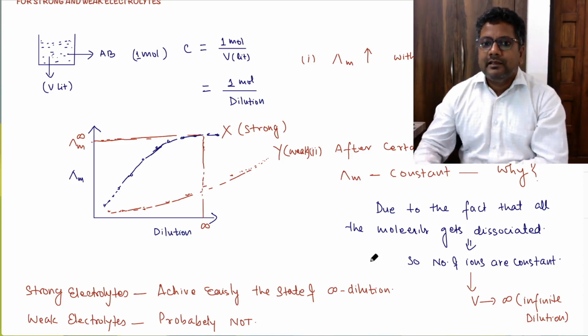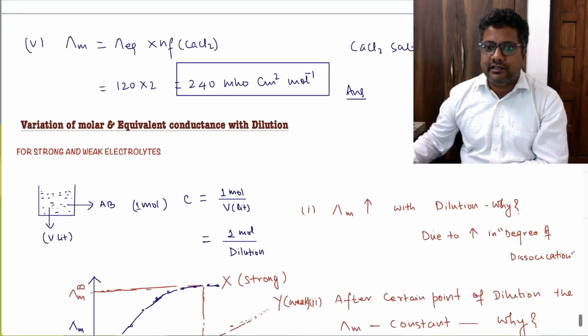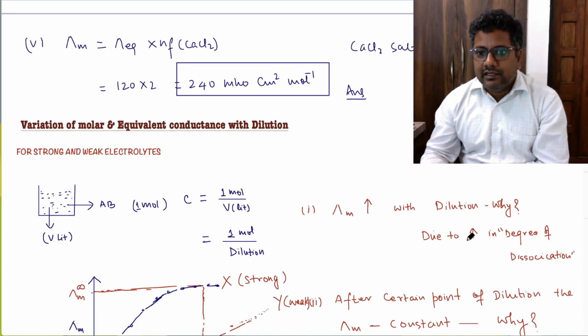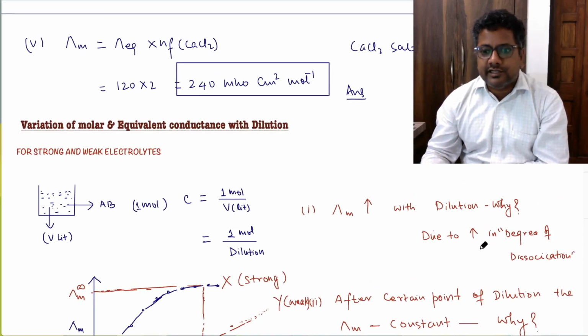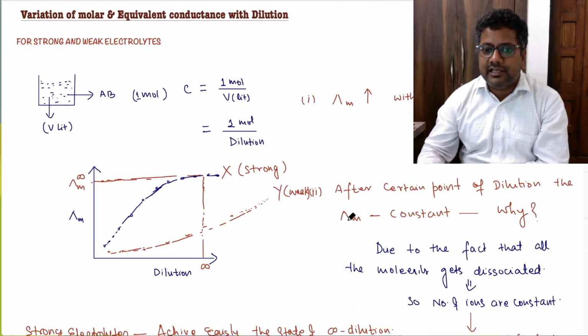Now see, with increased dilution there is an increase in the degree of dissociation. Here, few molecules are dissociated and some molecules are undissociated in this situation. But at this point, when this has the maximum value, all the molecules are dissociated.